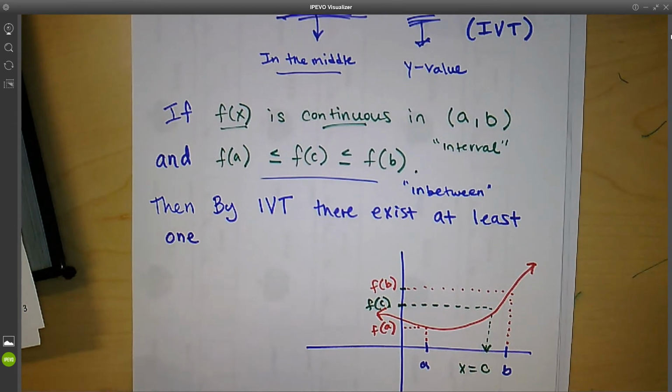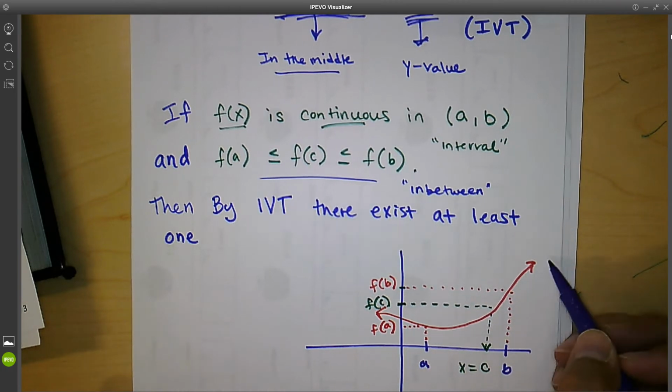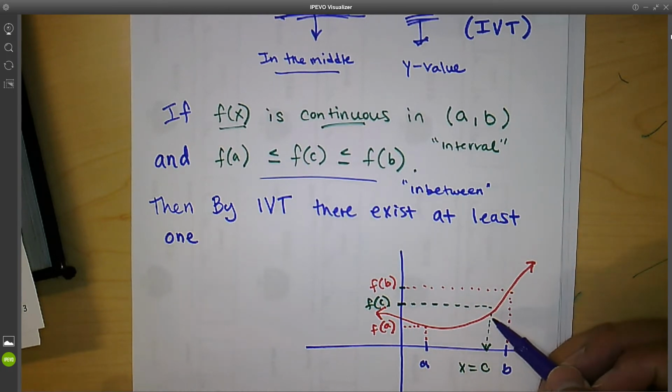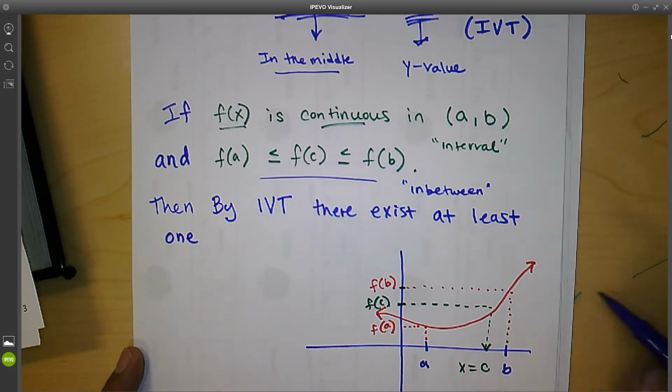Why at least one? Because what if this curve also turns around like that? There could be two, but we know at least one exists. There could be more, but this theorem guarantees at least one.